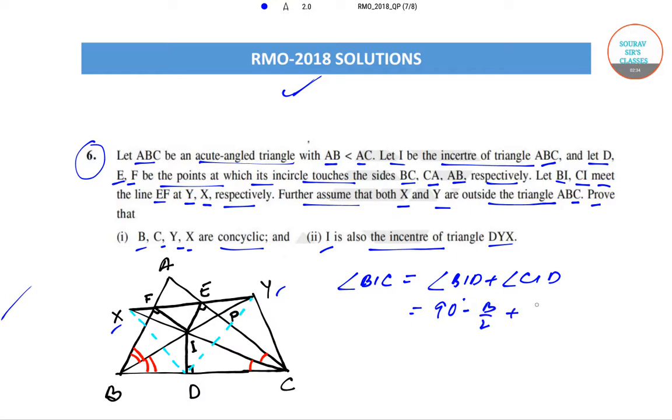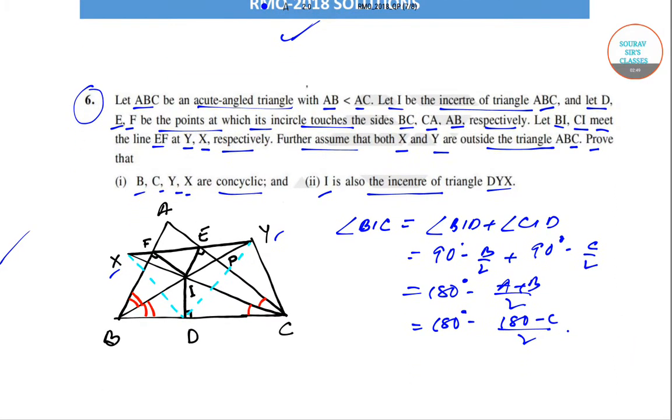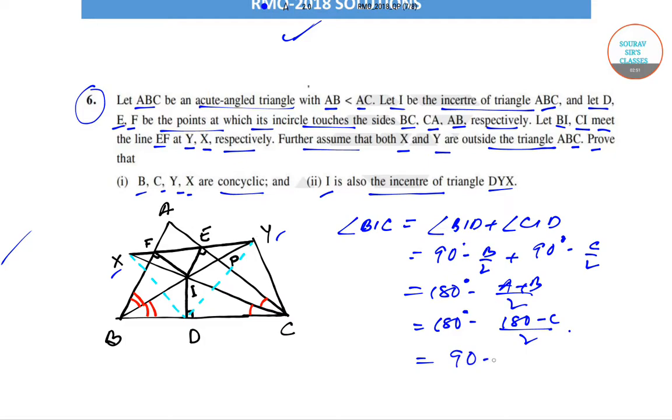And CID will similarly be 90 degree minus C by 2. So this will be 180 degree minus (A plus B) by 2.